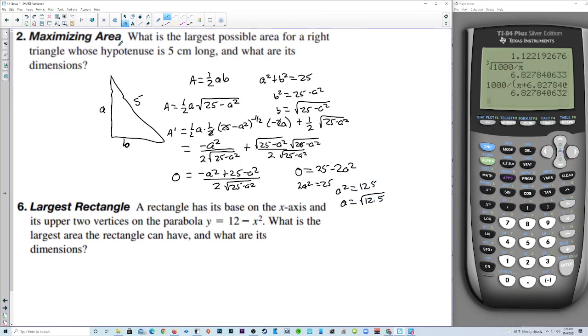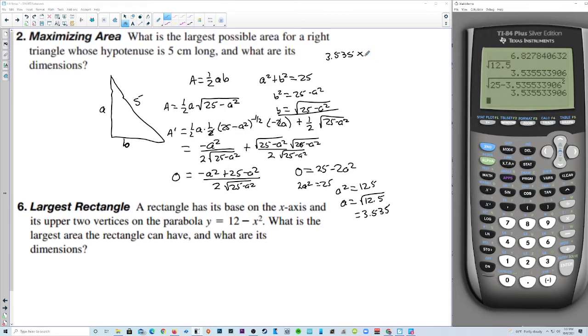What is the largest possible area for a right triangle, and what are its dimensions? All right, so we got a is square root of 12.5. And so that is actually 3.535. So 3.535 by, that is the A, and we need the B. So B, if we plug it in right there, is the square root of 25 minus this thing squared, which is the same thing.